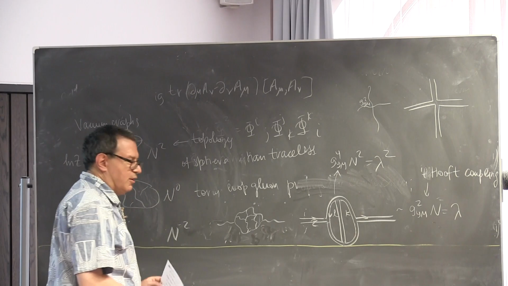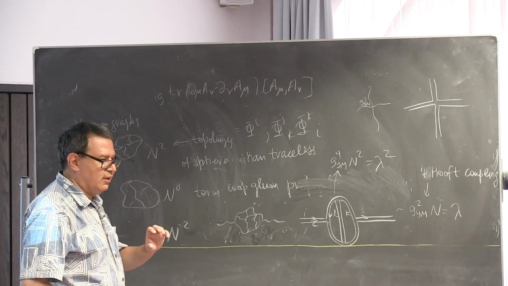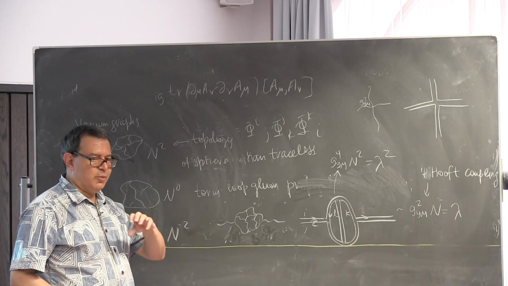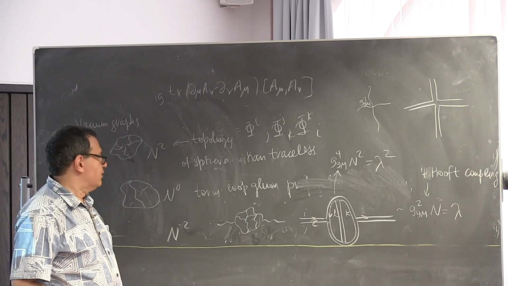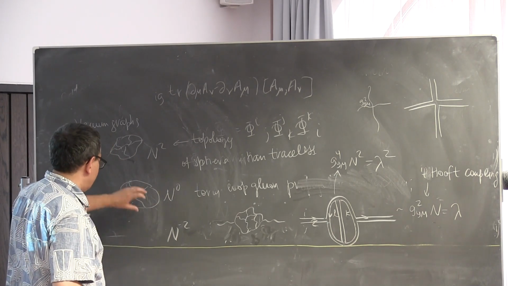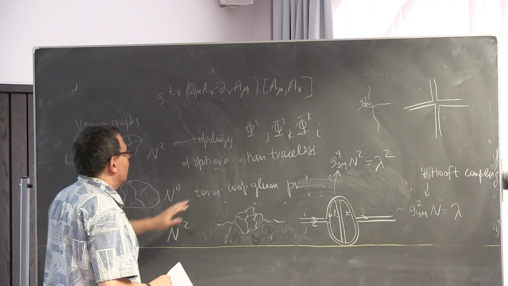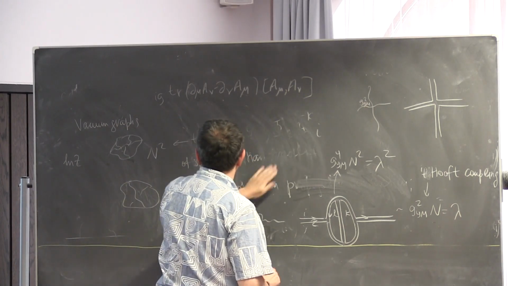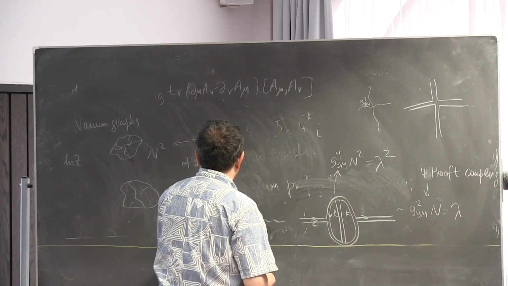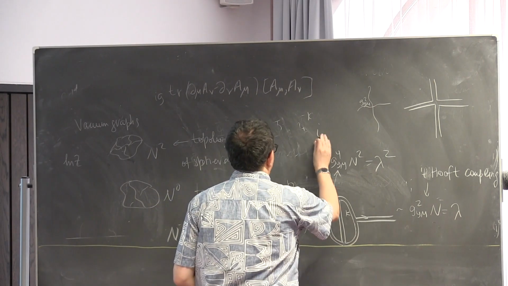A torus is like a sphere with a handle, right? So genus is the number of handles attached to the sphere. So this will be genus 1.